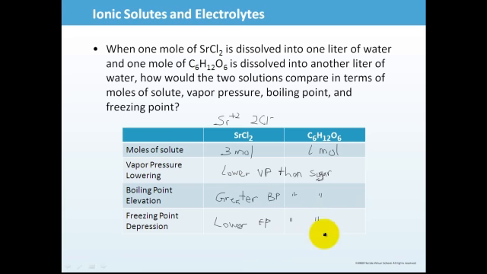The sugar maybe will freeze at around -2 degrees Celsius, and the SrCl2 solution maybe is freezing at -10 degrees Celsius. So it's all about the number of particles dissolved. More particles dissolved, greater the effect on the colligative property.